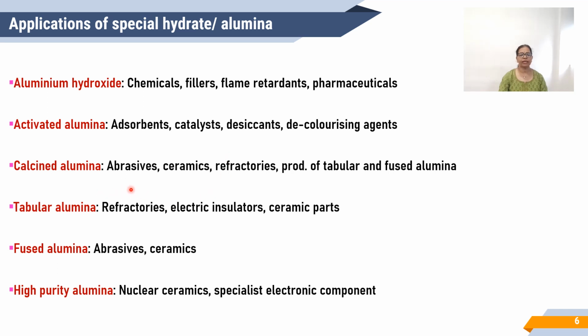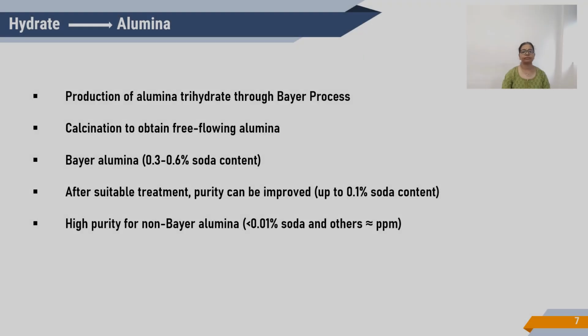Calcined alumina also has vast applications in abrasives, ceramics, refractories, and in production of tabular and fused alumina, while the tabular alumina, which is basically produced at 1600 degrees centigrade, has a very high hardness, more than corundum. It is used in high-end refractories, electric insulators, ceramic parts. Fused alumina is used in abrasives and ceramics, and high purity alumina has high-tech applications in nuclear ceramics and in specialist electronic components.